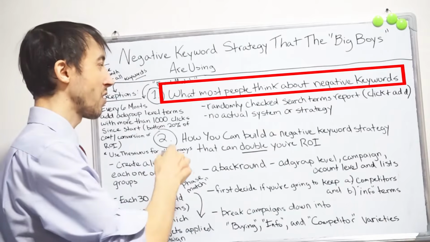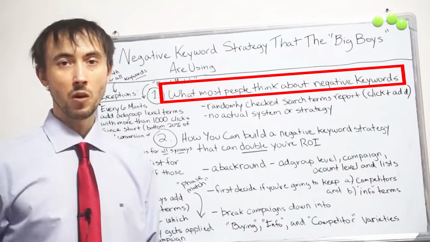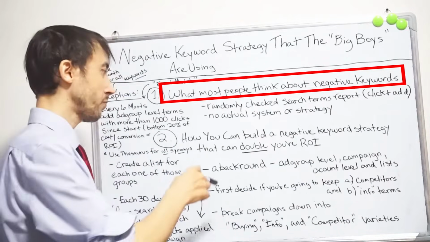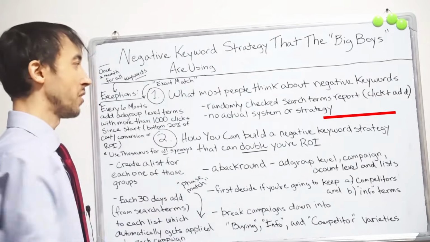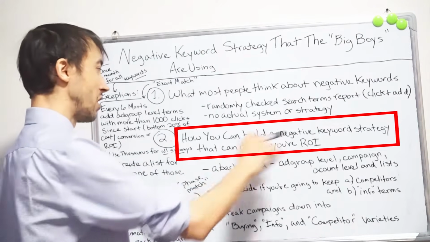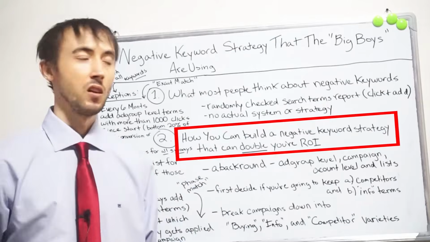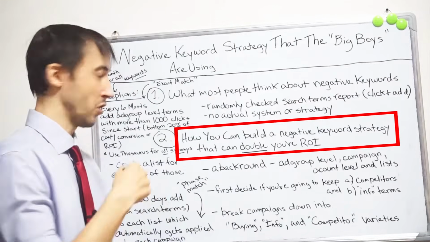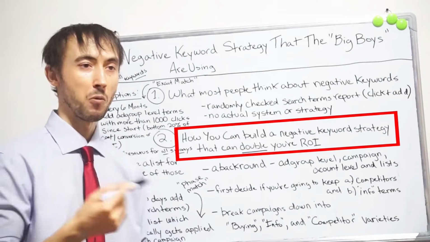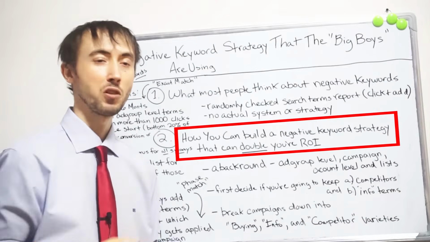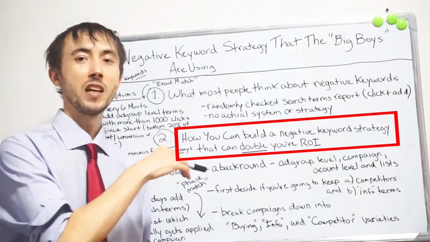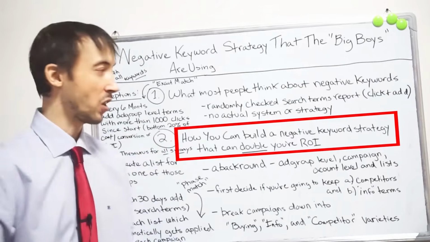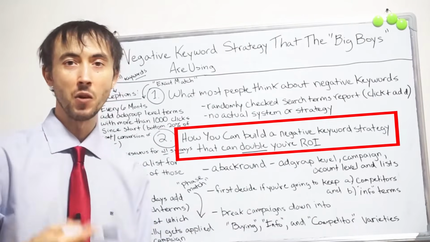But anyway, going back to this, so you know now what people normally do. Now, how to build a negative keyword strategy here that can double your ROI. For the most part, just looking back at our notes, I want to say in the opportunities where all we did starting out for a client is add the negative keywords, we about doubled the ROI just from that one activity.